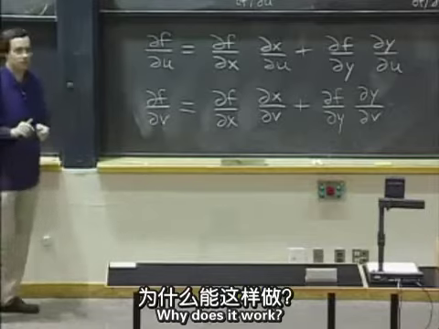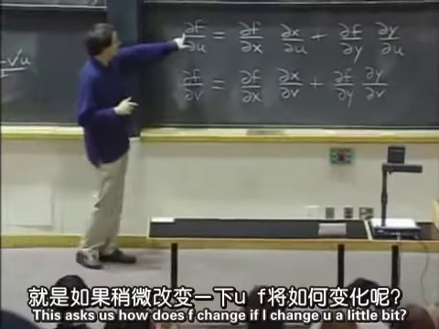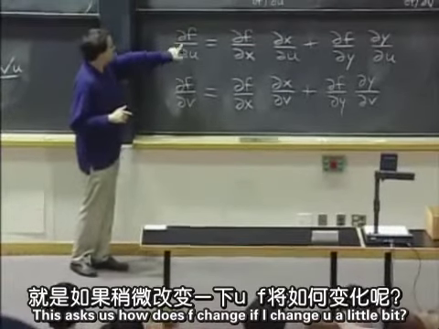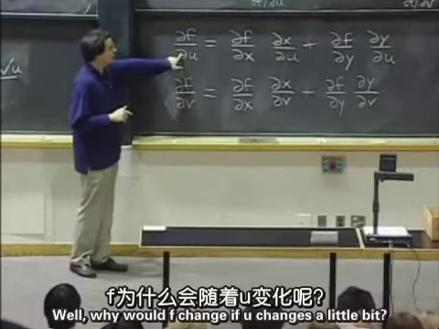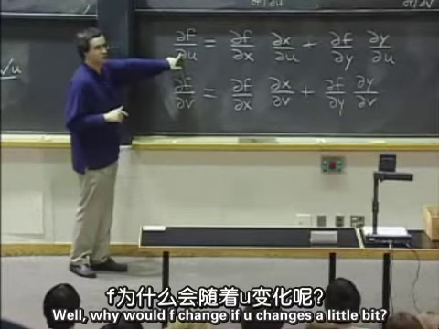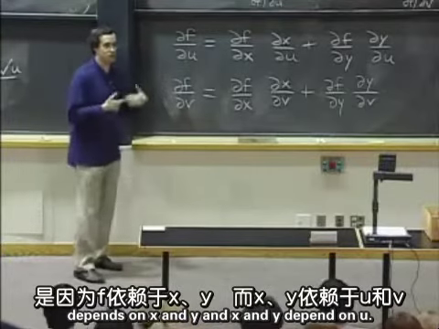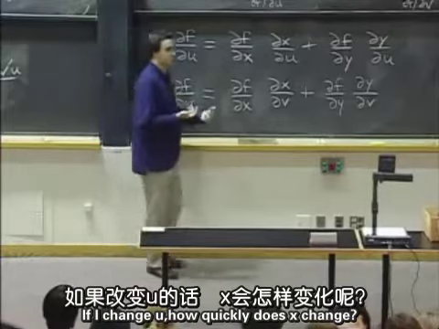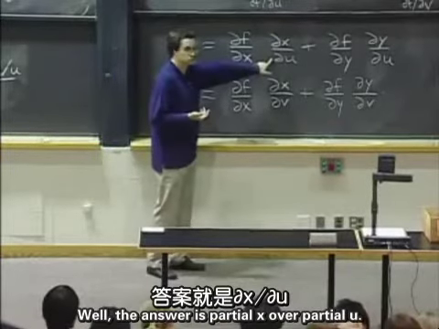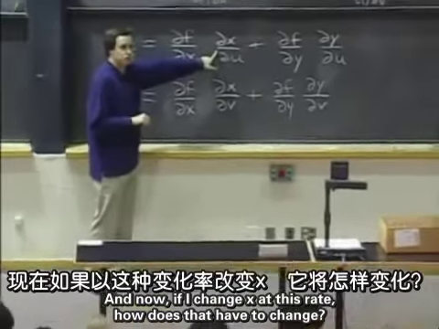Why does it work? Well, let me explain it to you in a slightly different language. This asks us, how does f change if I change u a little bit? Well, why would f change if u changes a little bit? Well, it would change because f depends on x and y, and x and y depend on u. If I change u, how quickly does x change? Well, the answer is partial x partial u. And now, if I change x at this rate, how does that cause f to change?